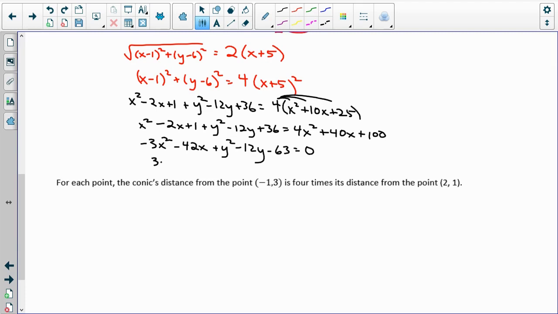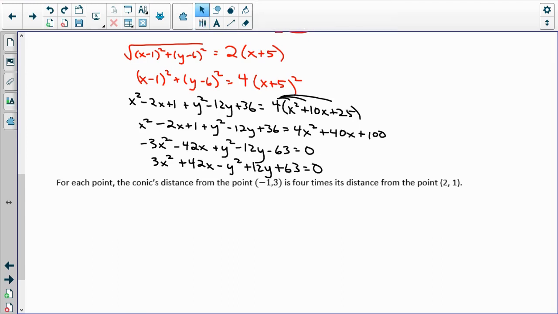I could rewrite this as 3x squared plus 42x minus y squared plus 12y plus 63 equals 0. Both of those are ways to write this equation depending on where you subtract things. But this is a hyperbola. Notice that there's an x squared and a y squared in this problem, and those things have different signs.